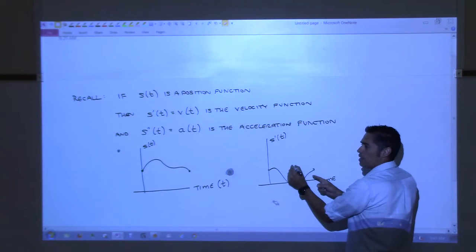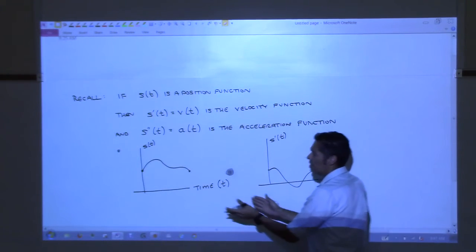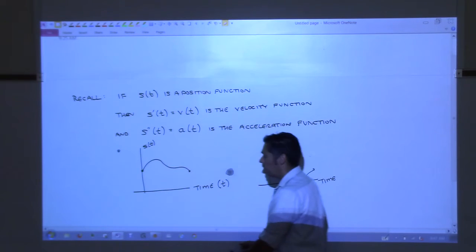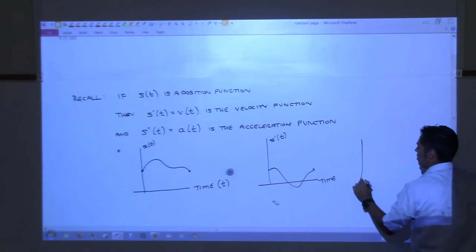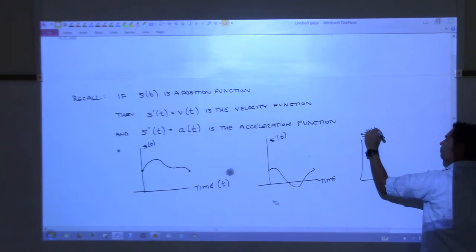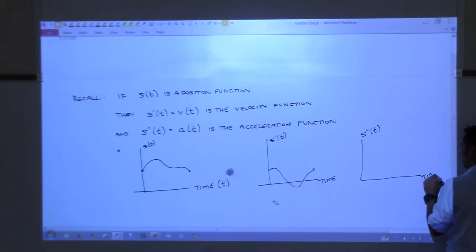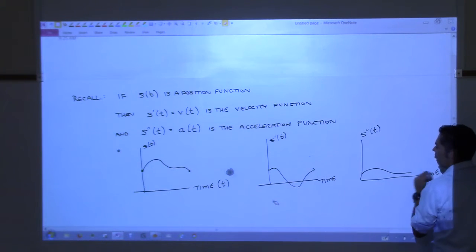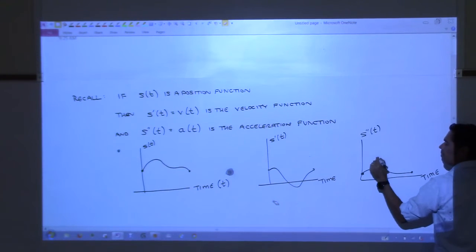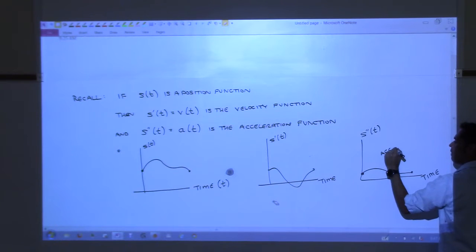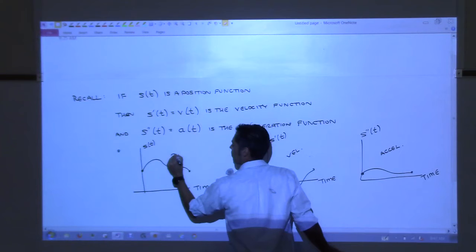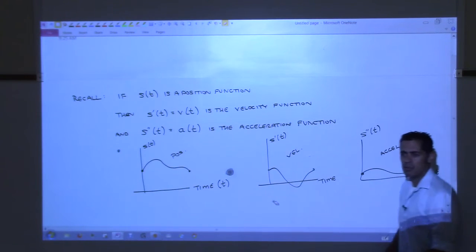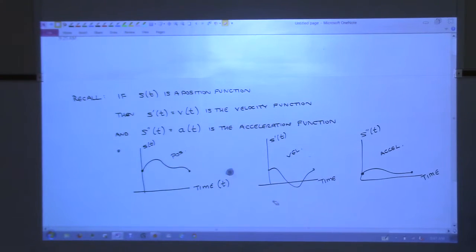This would give us our velocity at every point in time. So this function tells you where it is. This function is telling you how fast it's going at every point in time. And then the second derivative would be telling you the acceleration. Acceleration, velocity, position. Understand? You sure? Yeah. Okay.